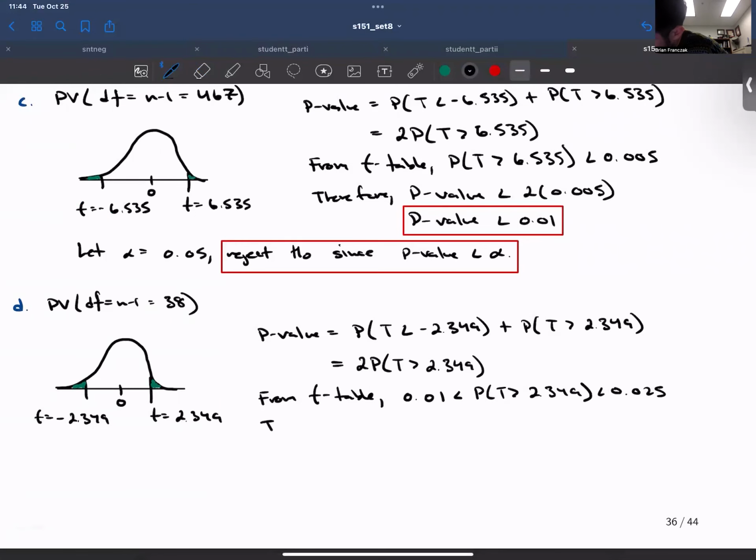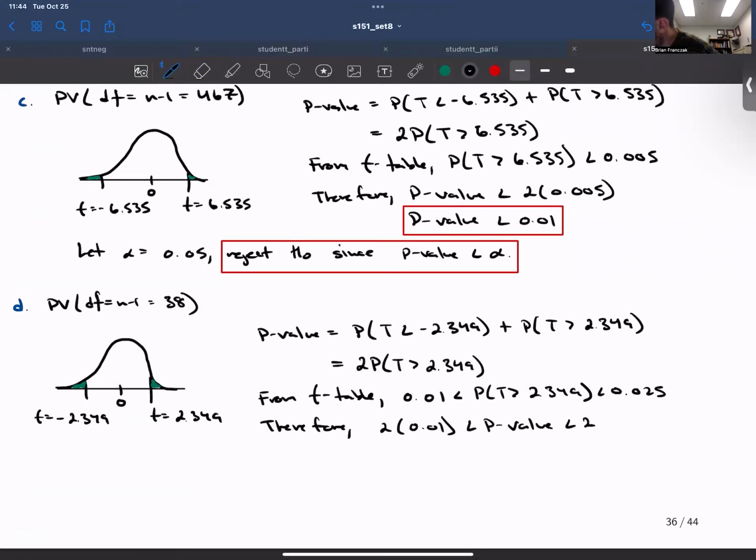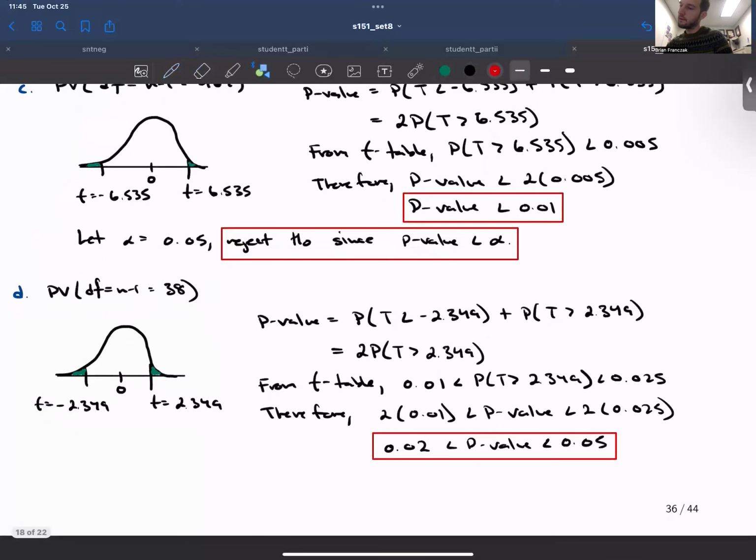So therefore, 2 times 0.01 is less than the p-value, which is less than 2 times 0.025. So 0.02 is less than the p-value, which is less than 0.05. Okay, so our p-value is between 0.02 and 0.05.